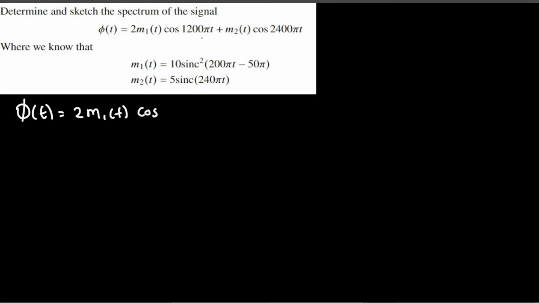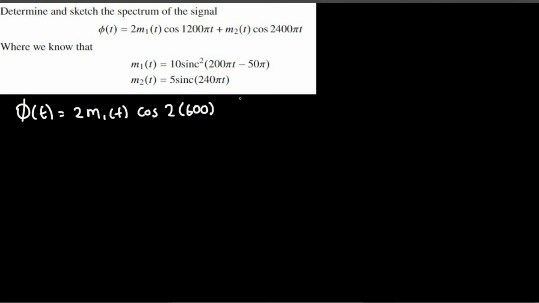Here we have 1200 pi. We have to see how we can divide it into two. For example, if I take 2 common, what's going to be inside? That's 600. So the middle of m1 is going to be located at the center of 600. Okay, that's what we can understand.